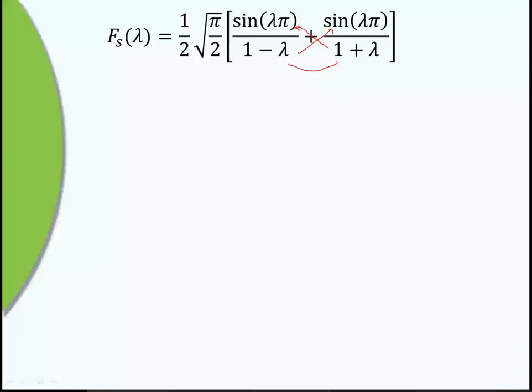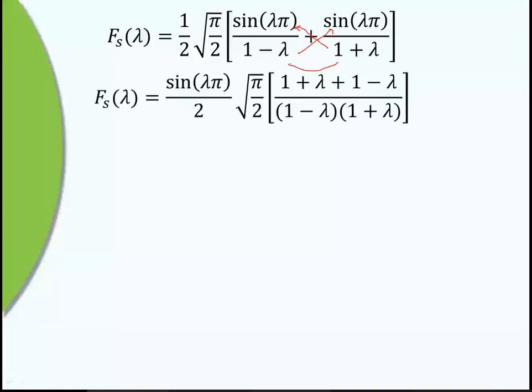So sine lambda pi, take it outside, divide by 2 as it is, into square root of pi by 2 as it is. This will be 1 into 1 plus lambda plus 1 into 1 minus lambda, divided by the product of 1 minus lambda into 1 plus lambda.